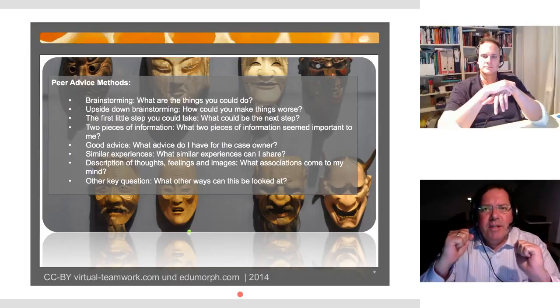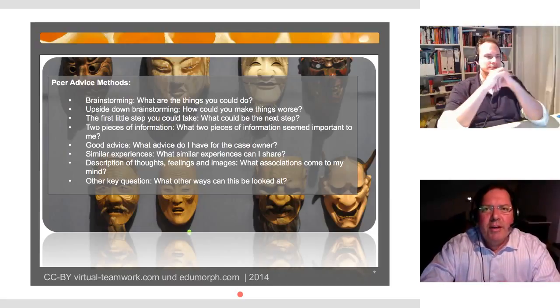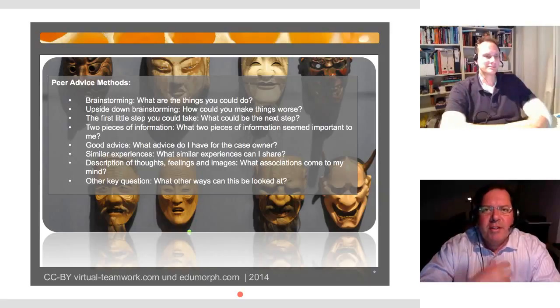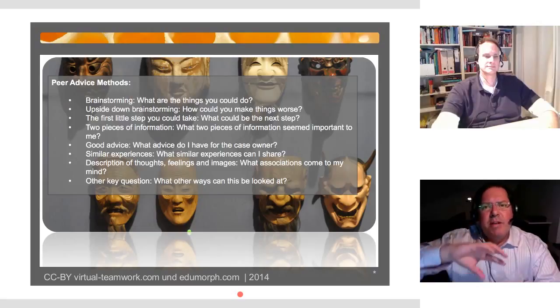So really turning things upside down and imagining what steps they could take to drive things in exactly the wrong direction. And in doing so, we generate some impulses or some ideas that the case presenter can then flip around and think about what are the positives from these negatives.